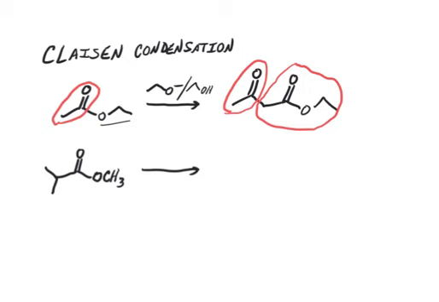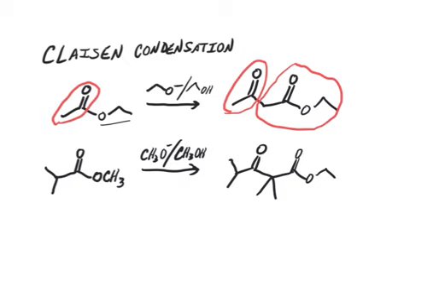And so what I'm going to use is the methoxide as the base, and I'll use methanol as the solvent. And what's going to happen is I'll also get that same self-condensation and I'll get, again, a beta keto ester from this.